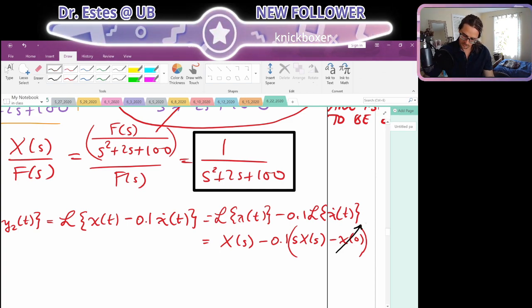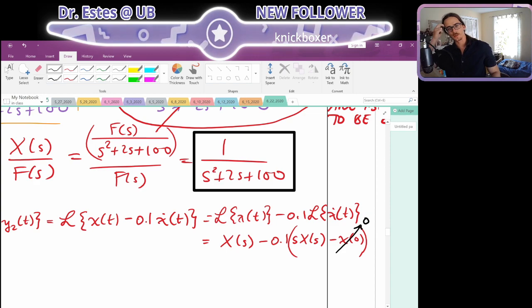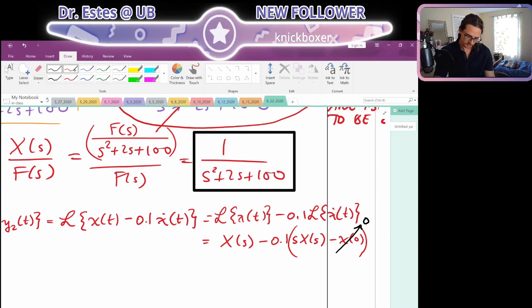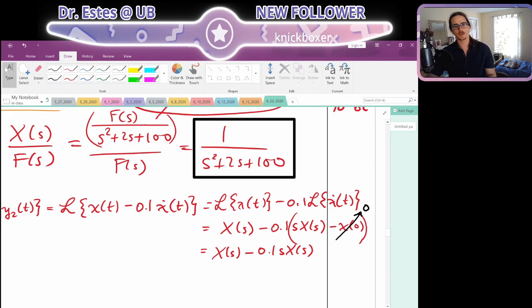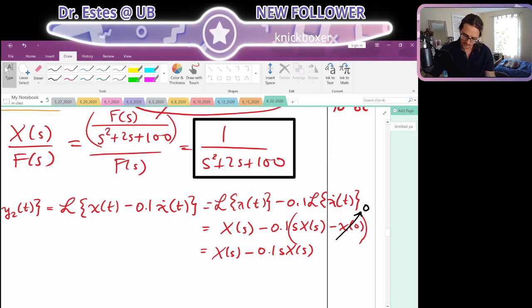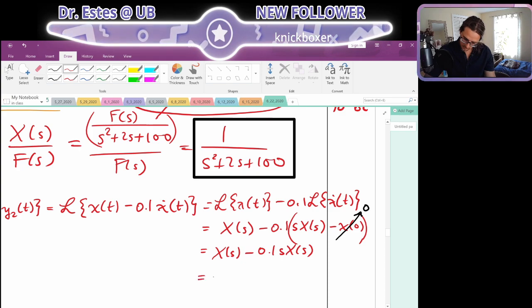But when you're dealing with transfer functions, anytime you see an initial condition, you can assume it's equal to 0. So with that in mind, it's x of s minus 0.1 s x of s, and this is 1 minus 0.1 s times x of s.